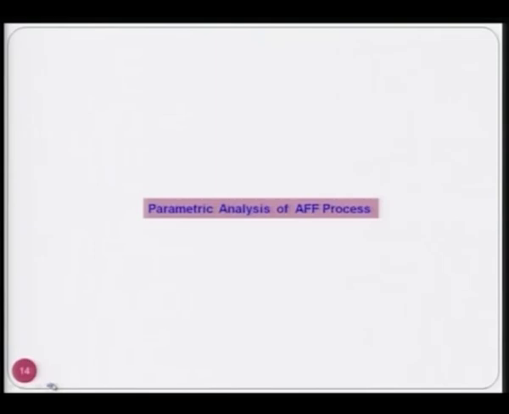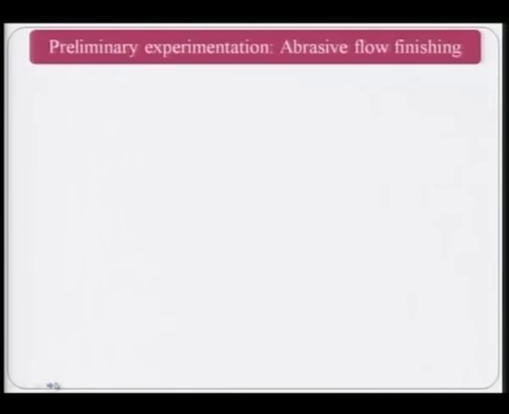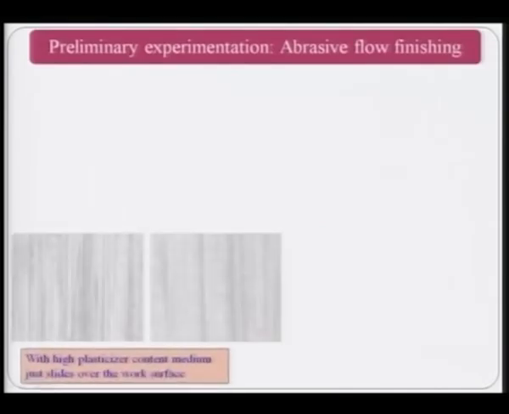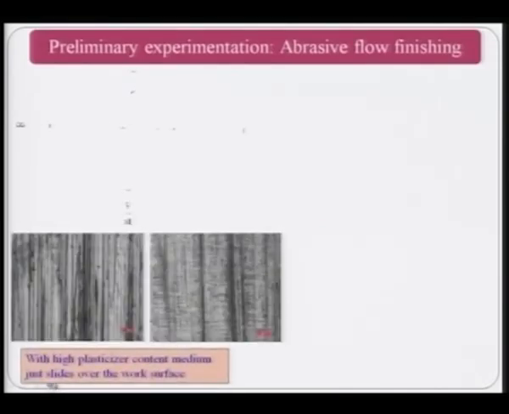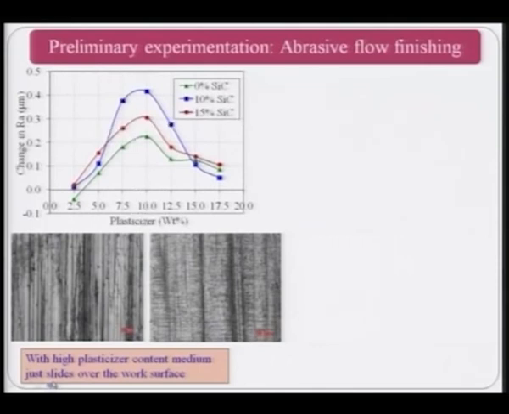Let us see the parametric analysis of abrasive flow finishing processes. Some experiments were conducted at IIT Kanpur, and you can see here that with a high plasticizer content, the medium just slides over the workpiece surface.